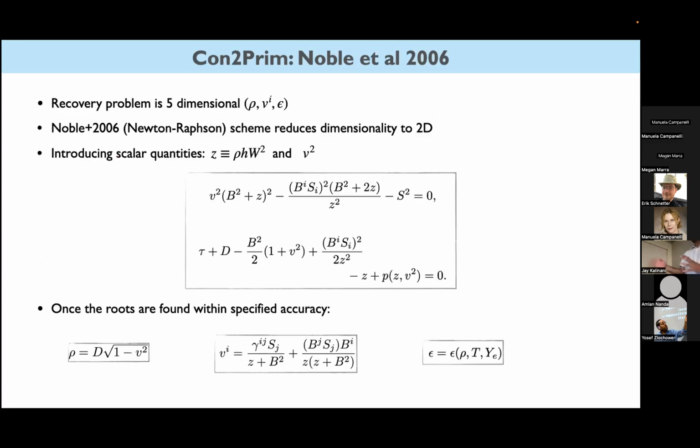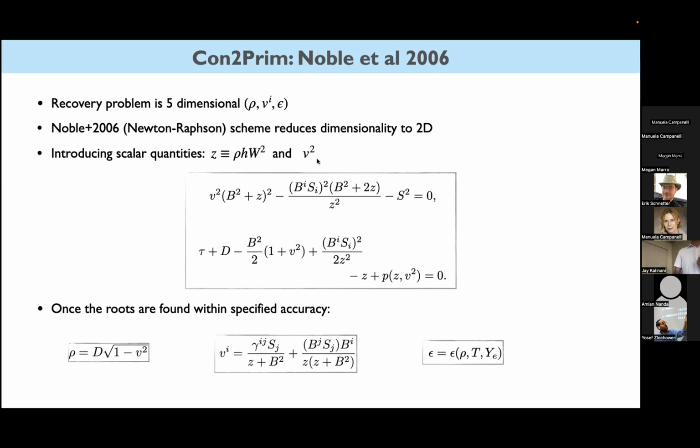Here, for example, I quickly talk about the Noble cons-to-prim. You have this recovery problem, which is essentially five-dimensional. You don't know the density, you don't know the three velocities, and you don't know the specific internal energy. So you want to know these primitive variables. Noble et al. essentially reduce this dimensionality problem to 2D by introducing two scalar quantities, z and v squared.